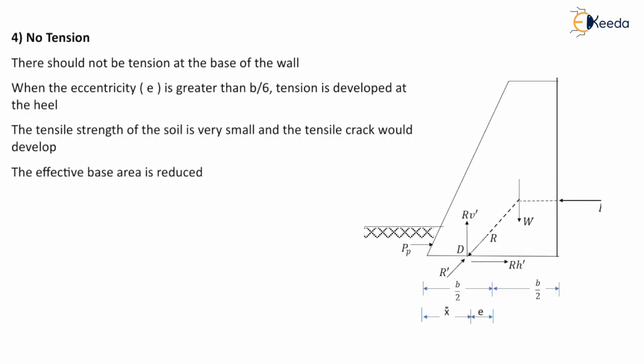Hence, the effective base area, which is supposed to carry compressive load, is reduced. In such a case, the maximum stress is given by Pmax equal to 4 by 3 into RV upon B minus 2E. Thank you.